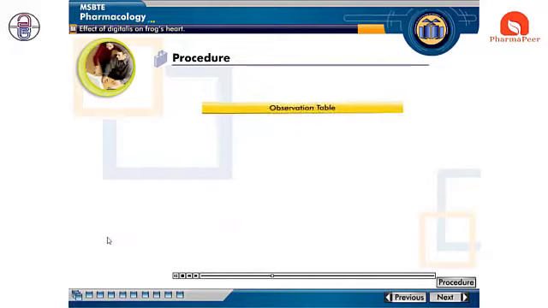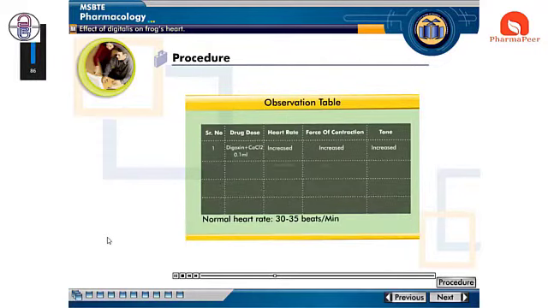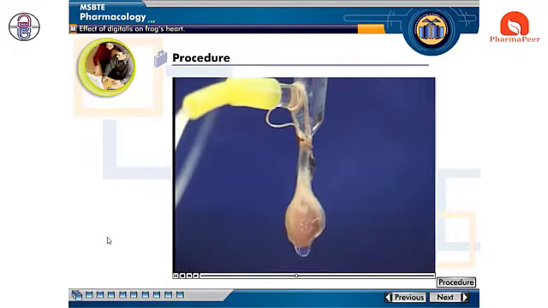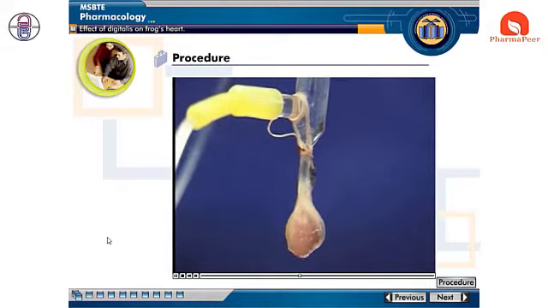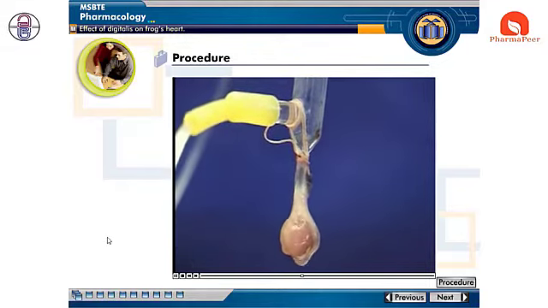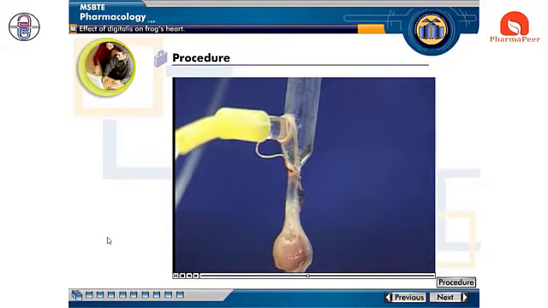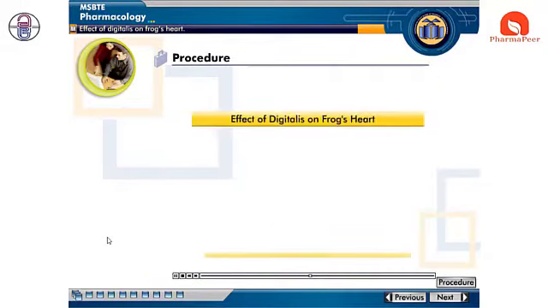Repeat the same with 0.2, 0.3 and 0.4 ml each of digoxin and calcium chloride solutions. You will notice a further increase in the cardiac activity. For studying the cardiotonic effect of digoxin in a failing heart, perfuse the isolated frog heart with modified Ringer solution.